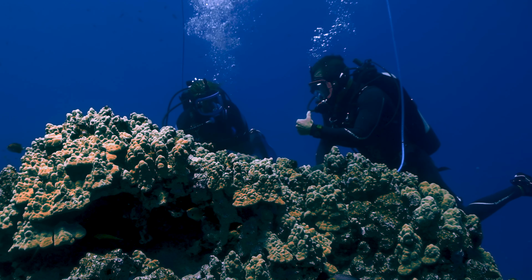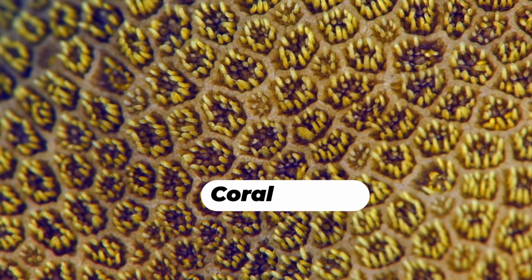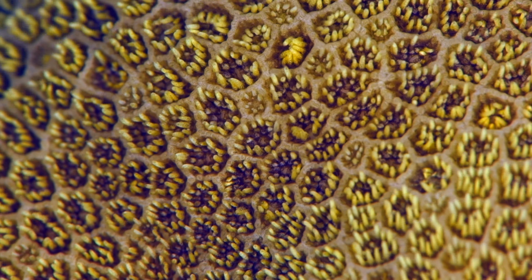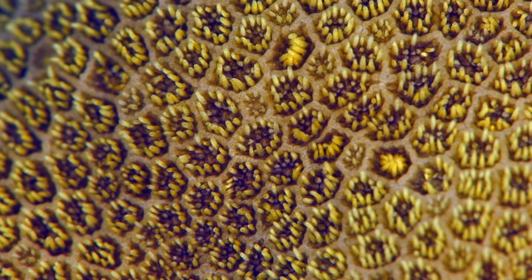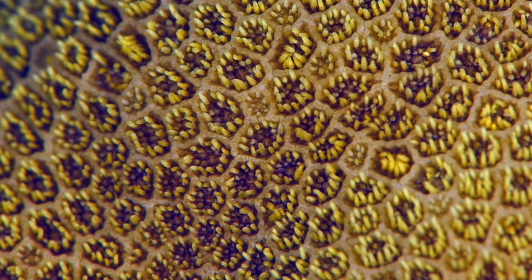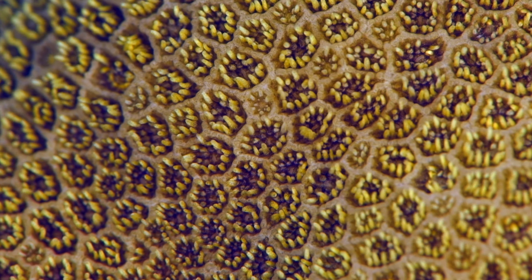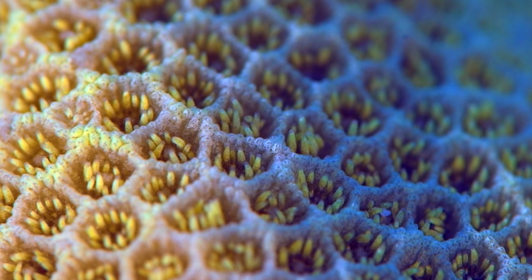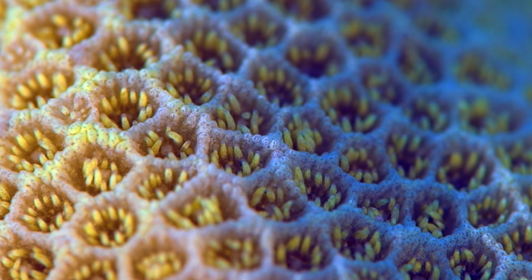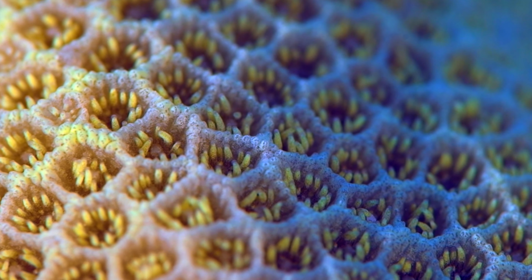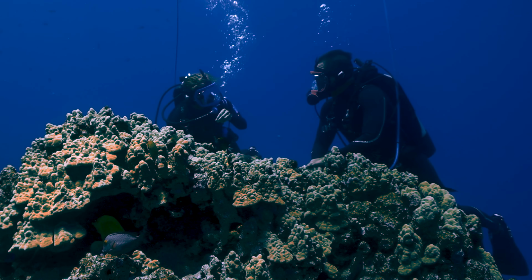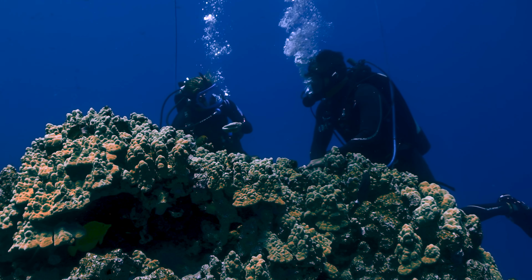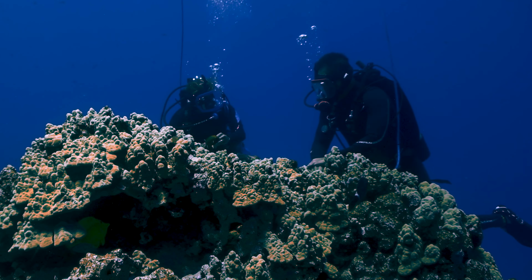So our viewers will zoom into one of these polyps from another video clip, but I'm looking at it right here, and I see all these little reticular patterns. Is that the animal? What is that? This is actually the skeleton makes the shape, and inside that skeleton there's what's called a polyp, which is the animal, and then on the outer edges of that polyp there's the algae, which is photosynthesizing, taking light just like a plant does on land and turning it into sugar that it feeds to the animal.